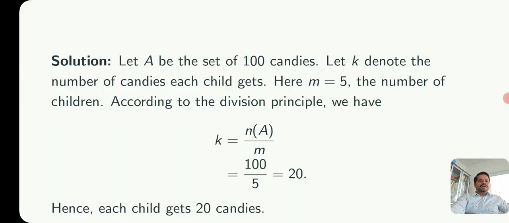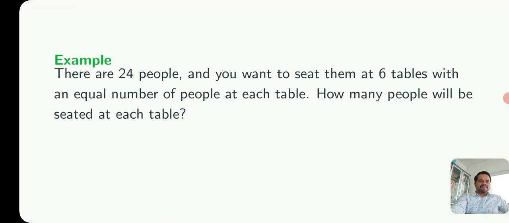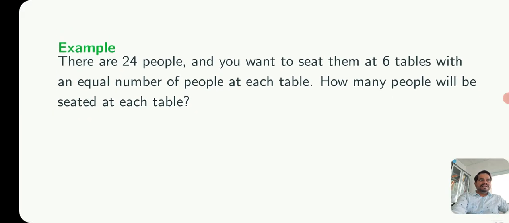Look at the second example on this division principle. This is the statement. There are 24 people and you want to sit them at 6 tables with an equal number of people at each table. So the question is, how many people will be seated at each table? Again, you represent A as the set of 24 people and K represents the number of people seated at each table.